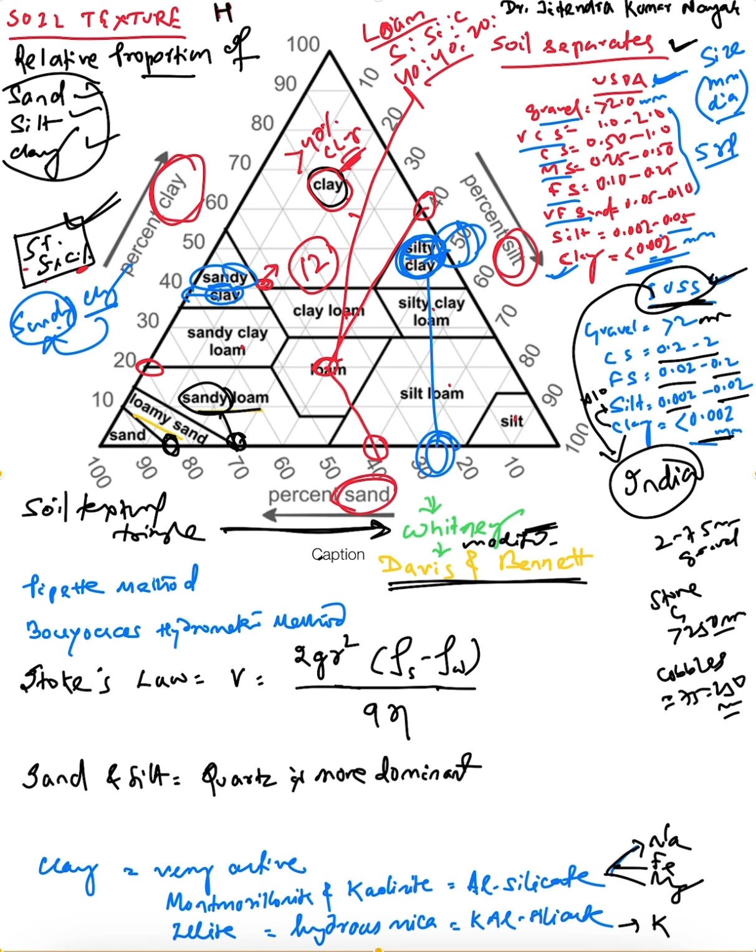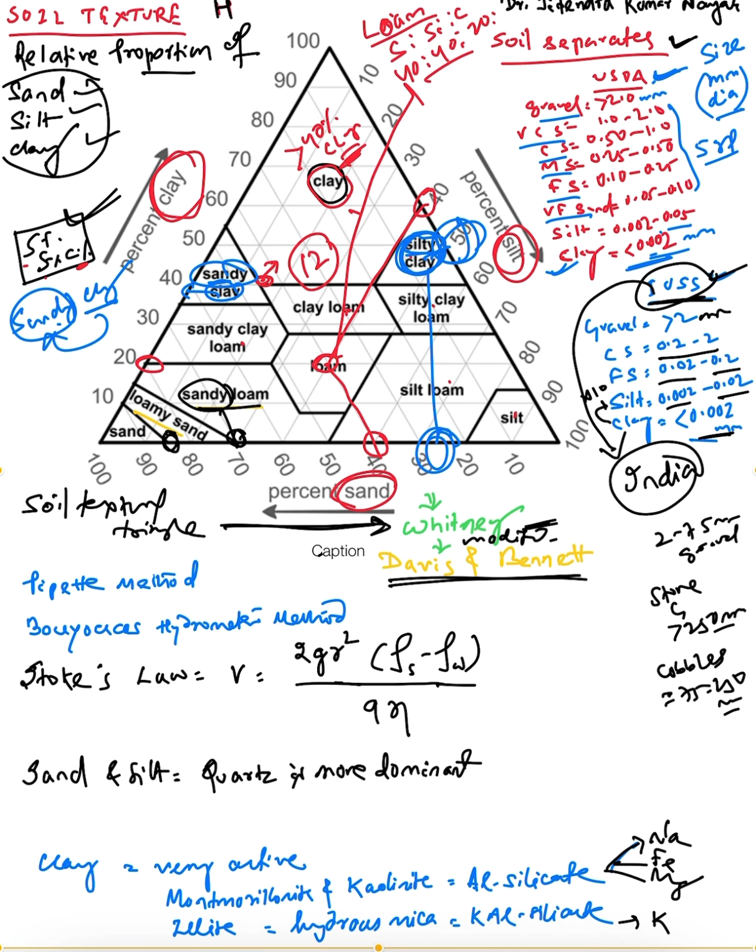More than 85% will be called sand. So a sandy soil means the sand content is more than 85%. And if I compare sandy loam and loamy sand, the sand content is more in the loamy sand.